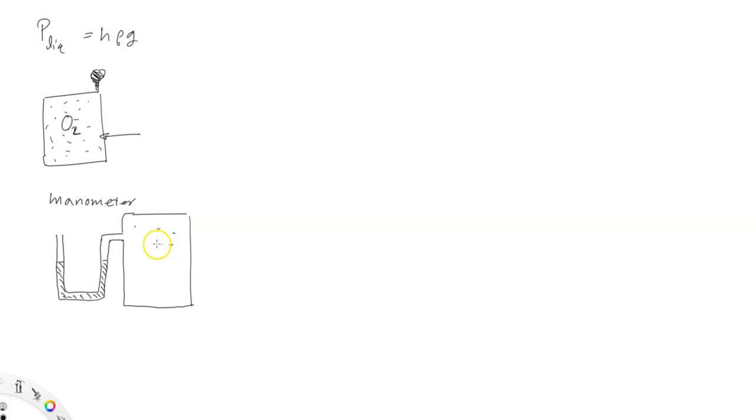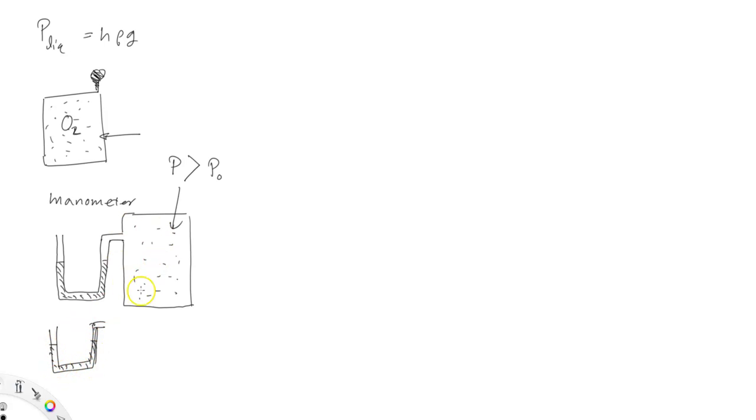Because of the pressure inside, which is obviously higher than atmospheric pressure, so the pressure inside is bigger than P atmospheric, right? Without the gas tank connected, here's the tube, both ends were open, and the liquid levels remain the same.